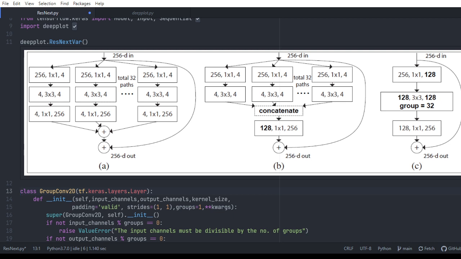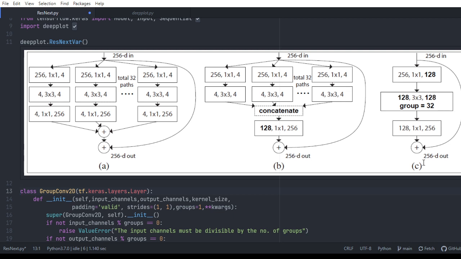In this case, the cardinality dimension splits the input into groupings, those groupings are passed through convolutions, and then later on the outputs will be concatenated.